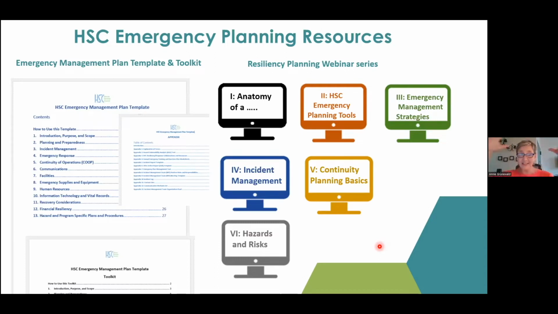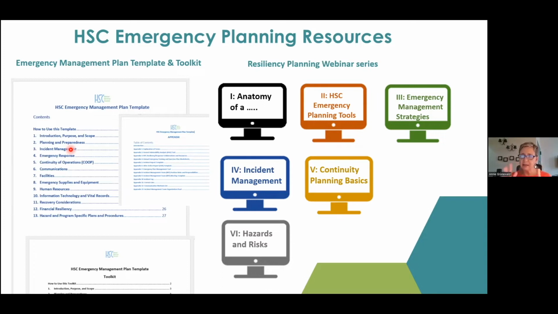Before we dive into our risks and hazards, this is a bird's eye view of all the materials that have been developed. There are actual physical materials: the Emergency Management Plan template and toolkit. The template itself has a lot of sample language for you to use.